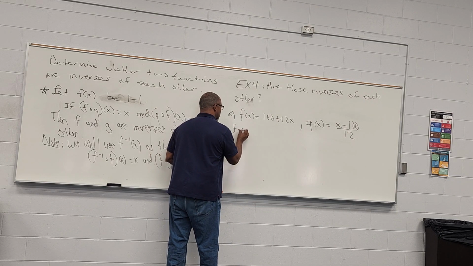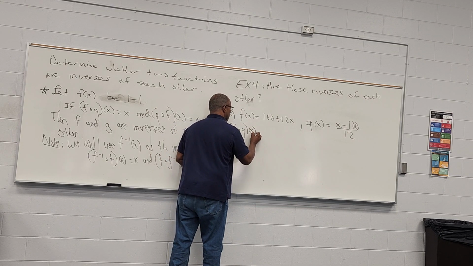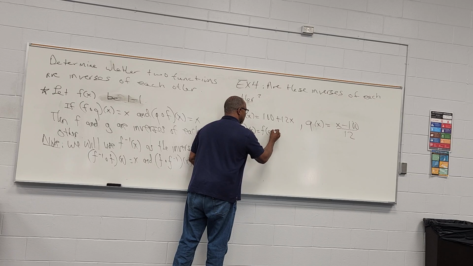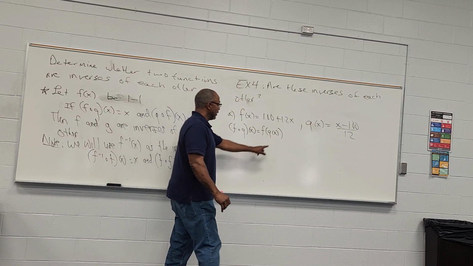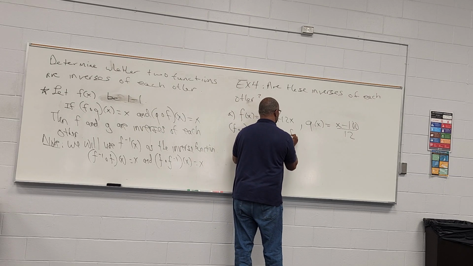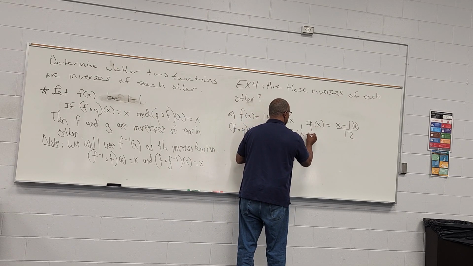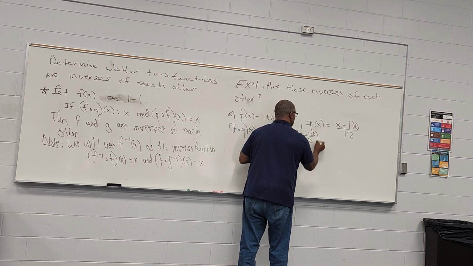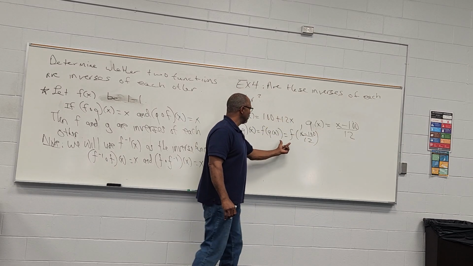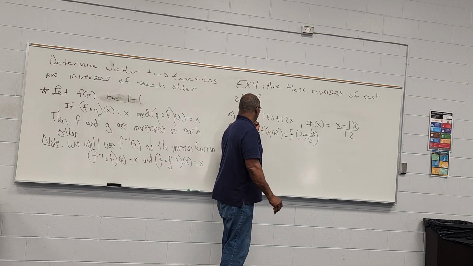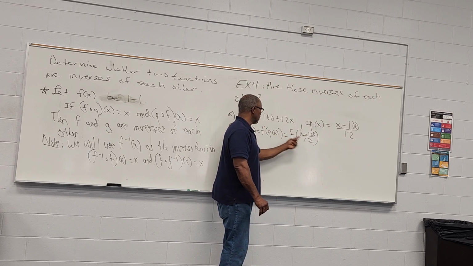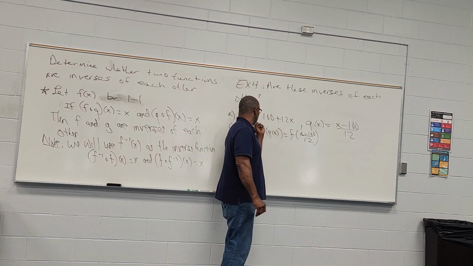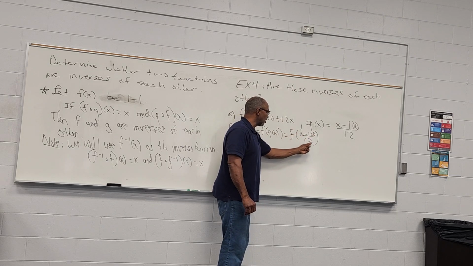So let's do f composed with g of x. That means f of g of x. That's how I define the composition of two functions. Now plug in what g of x is. G of x is x minus 100 over 12. So that means in the function f of x, where I used to see an x, I'm going to put all of this stuff. Everywhere I used to have an x, I'm going to put all of that stuff.